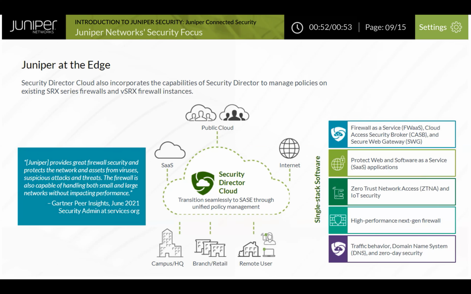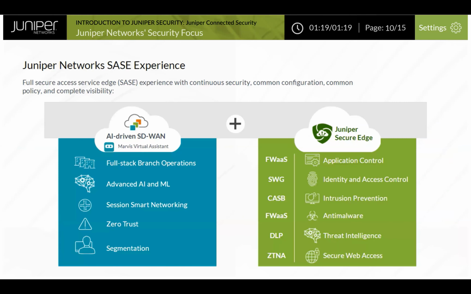This is a fantastic solution, I guess, which Juniper provides. This is called Security Director Cloud. It also incorporates the capabilities of Security Director to manage policies for existing SRX series firewalls and vSRX firewall instances. Juniper Networks says experience.